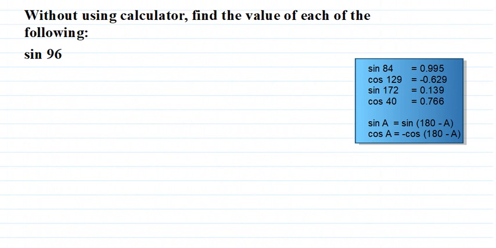Here we are asked to solve sine 96 degrees without using a calculator. The data is over here. So let's try solving that. For sine 96, we know that 96 is an obtuse angle.